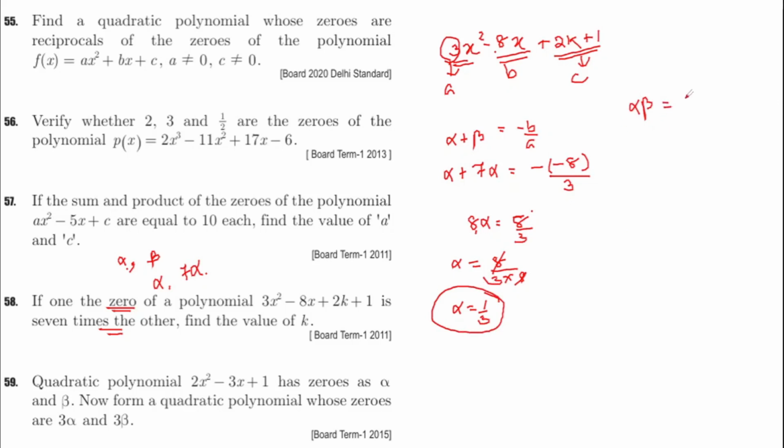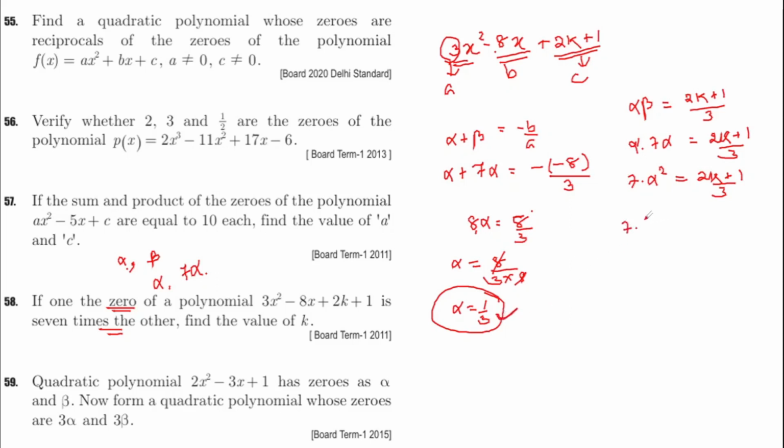Alpha into beta is 2k plus 1 divided by 3, which is c by a. Now in place of alpha and beta, we can write alpha into 7 alpha, and that is 2k plus 1 by 3. And this is 7 alpha into alpha, alpha square, and that is 2k plus 1 by 3.